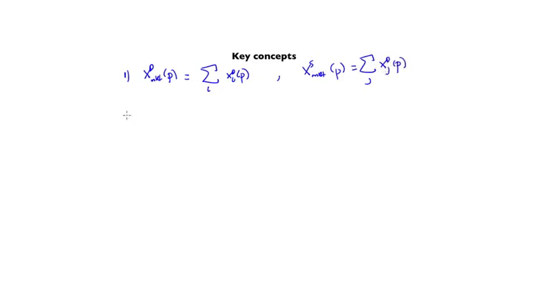The second idea has to do with the notion of what is a competitive market equilibrium, which is a price and an allocation associated with it that satisfy a couple of things.